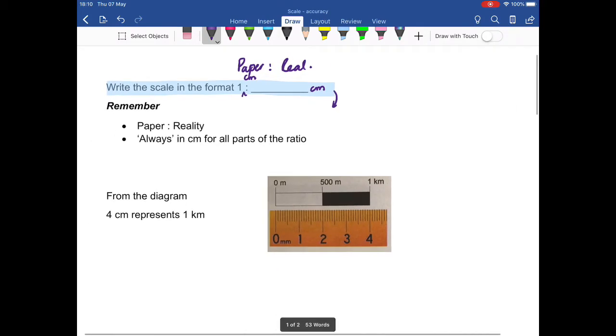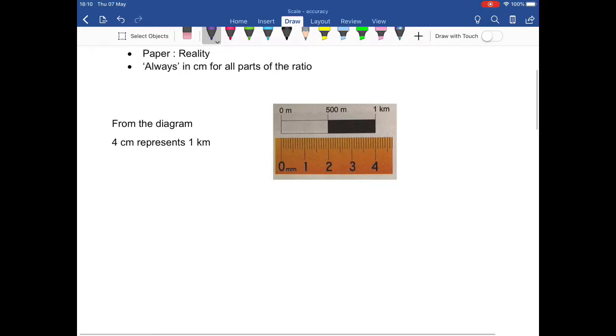Right, let's look at the diagram that they gave us. So here's an enlarged section of a ruler, and from this you can see that the bar scale measures 4 centimeters. So 4 centimeters represents 1 kilometer. And again, we're going to do paper to reality.